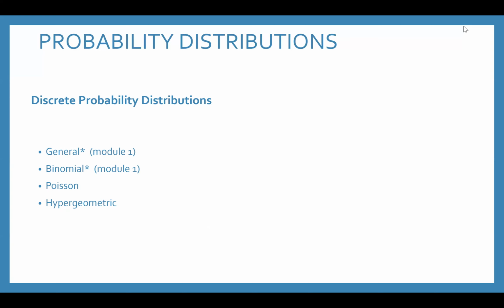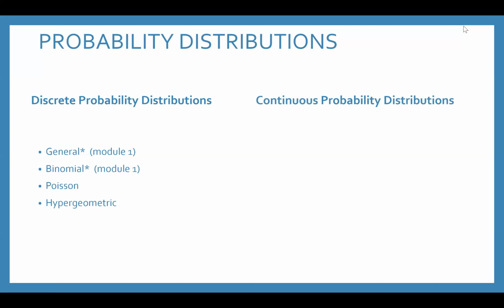You have a binomial. There's one called Poisson, and there's also one called a hypergeometric. Guys, you can take an entire 15-week course or a condensed 8-week course on discrete probability distributions, and you would talk about all the different types. Our focus in this course is on the two that are probably used the most often, which are the general and the binomial.